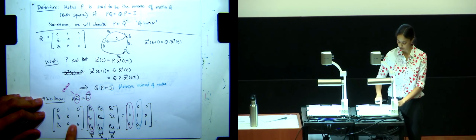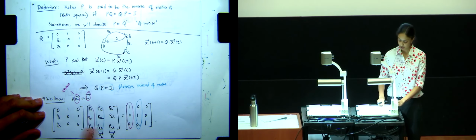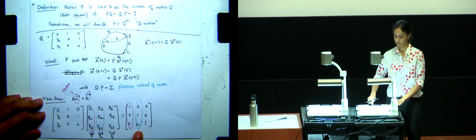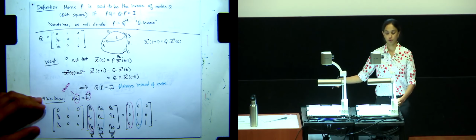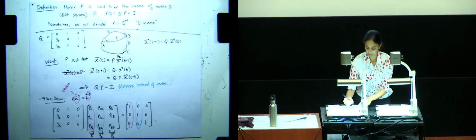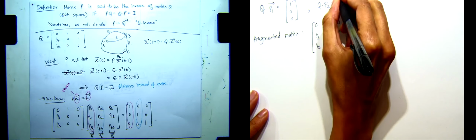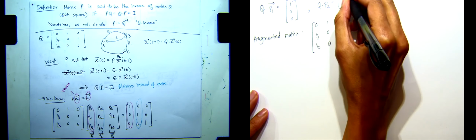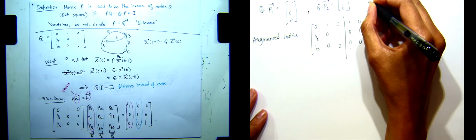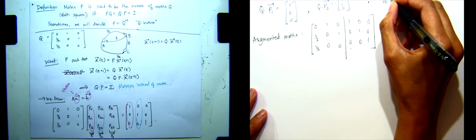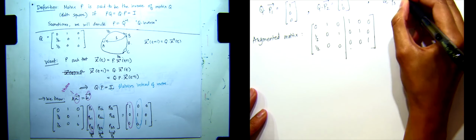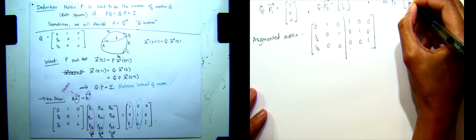So I do this matrix times this vector and I write it. Then I do this matrix times this vector and I write it here, right? So on and so forth. So I'm just kind of copy-pasting that. So then I have Q times P2 is equal to 0, 1, 0. And I can write Q times P3 is equal to 0, 0, 1.